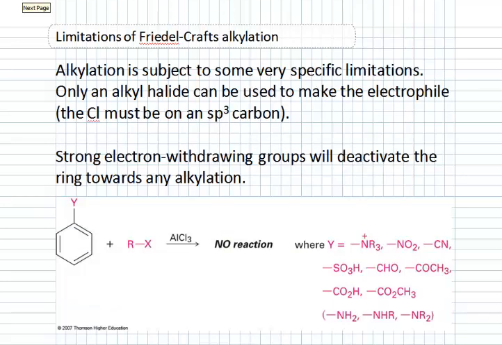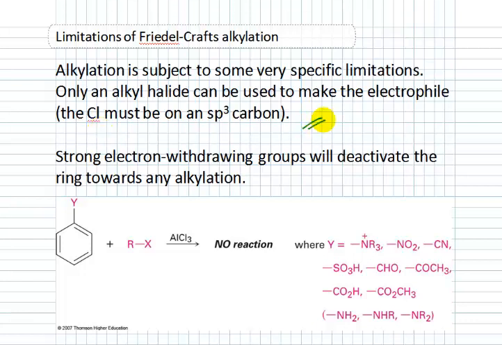So there are some real serious limitations of the Friedel-Crafts alkylation, which you are responsible for knowing. If you propose a Friedel-Crafts alkylation which will not work, you will not get full credit for it. Only an alkyl halide can be used to make the electrophile. So that chlorine has to be on an sp3 carbon to do this alkylation, like we talked about.